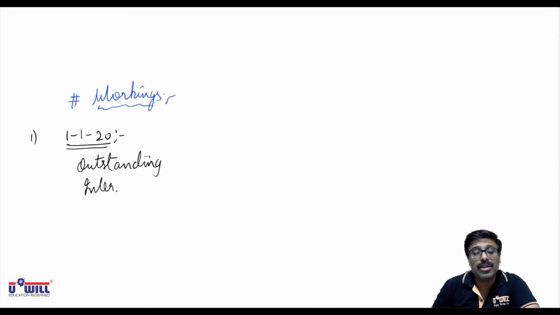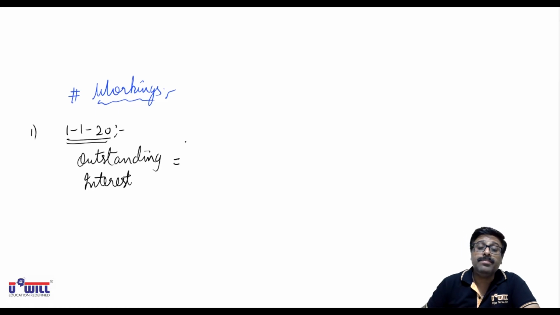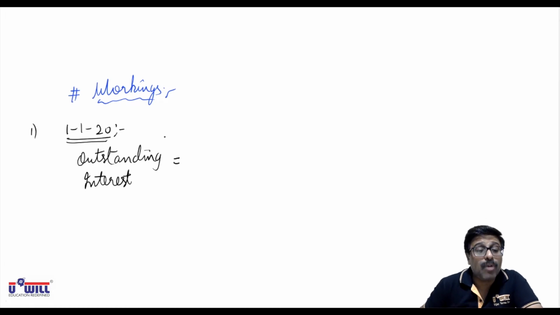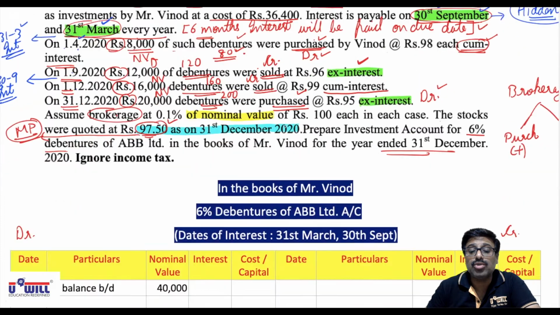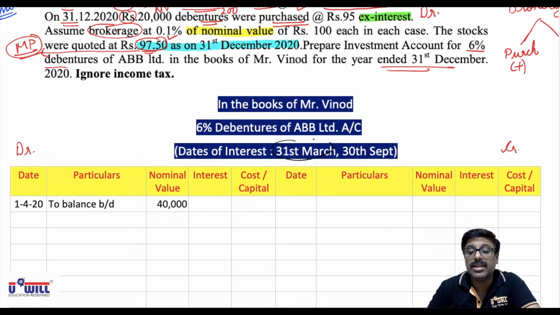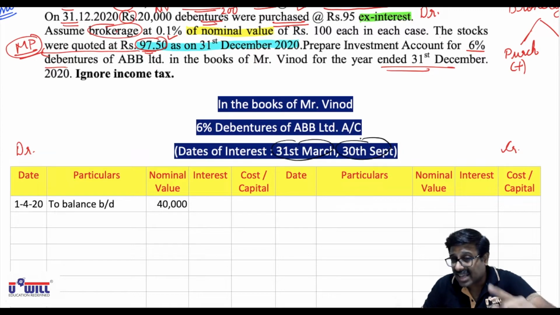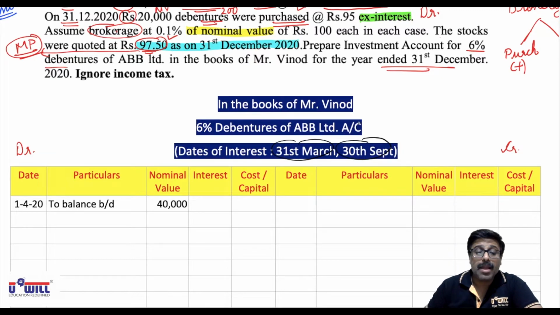Now, how do you calculate this for outstanding interest? Understand it. Listen carefully. Before 1/1/20, when the interest would have been received out of these 2 due dates, 31st March and 30th September, listen carefully and think about it.